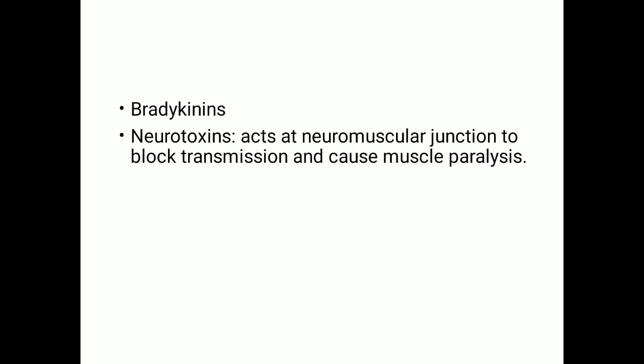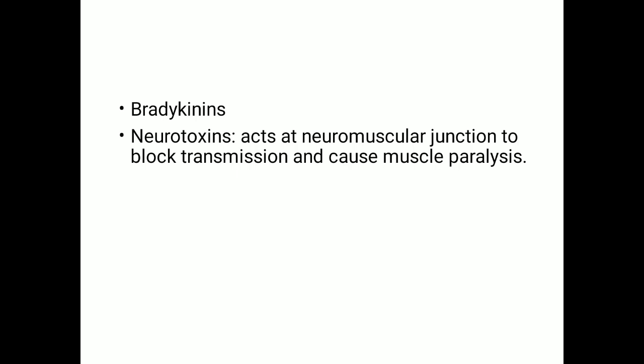Also, there are bradykinins, which lead to vasodilatation and profound hypotension. And certain neurotoxins are present in neurotoxic elapid bites, especially cobra and krait. These neurotoxins act at the neuromuscular junction post-synaptically, block transmission, and lead to muscle paralysis.